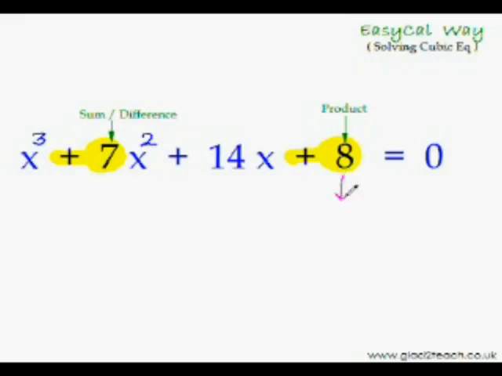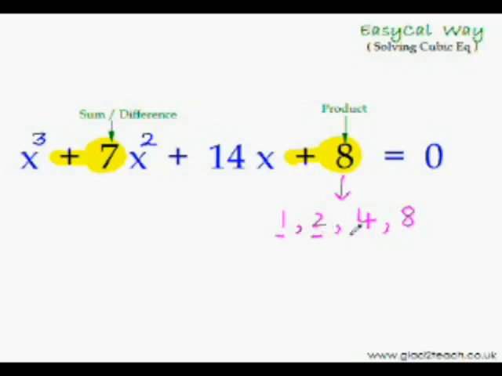So the factors of 8 are 1, 2, 4 and 8. Since in this cubic equation we only have plus signs, positive signs, therefore we can concentrate on just the sum. So obviously the sum of 1, 2 and 4 is 7.